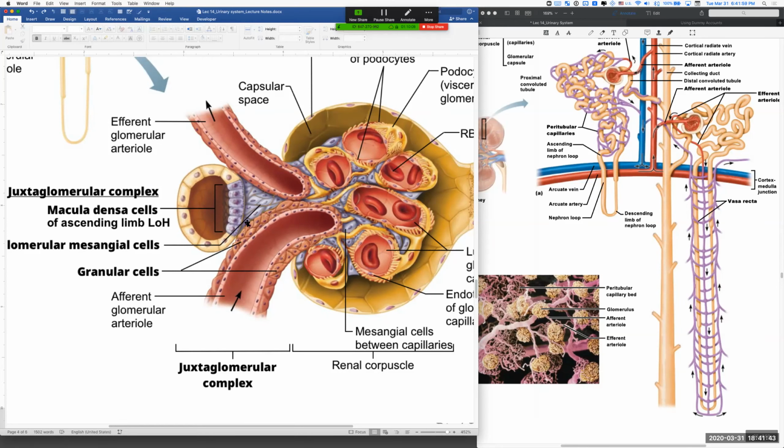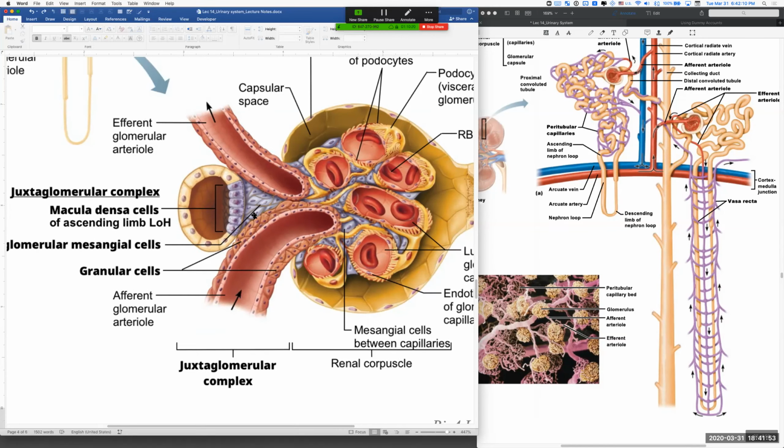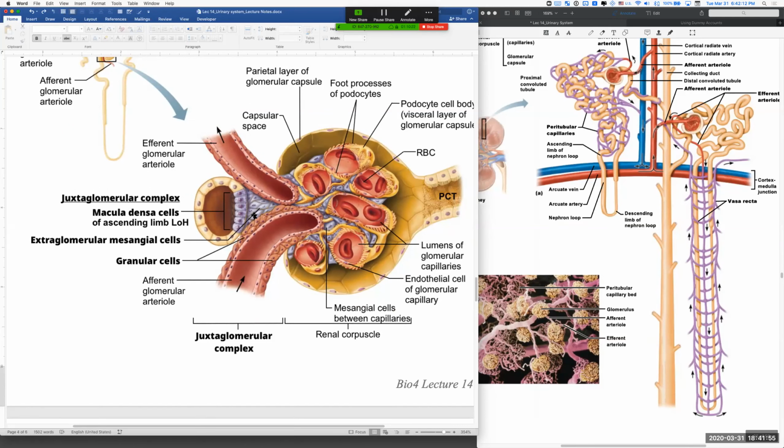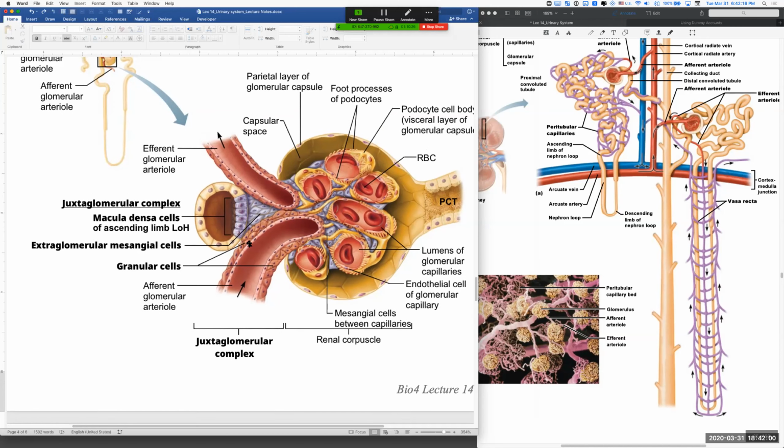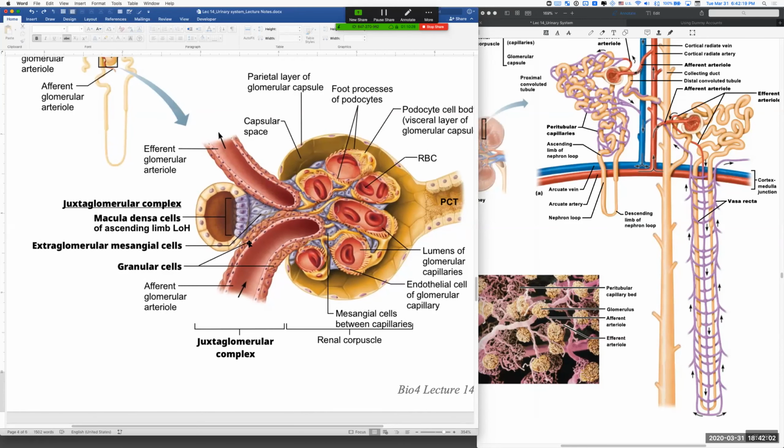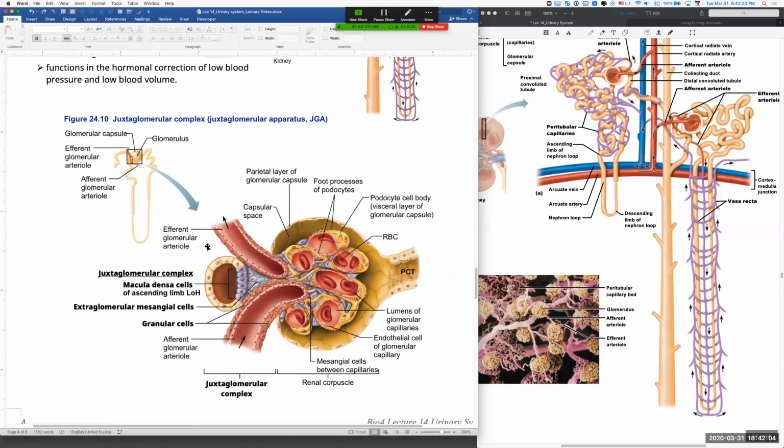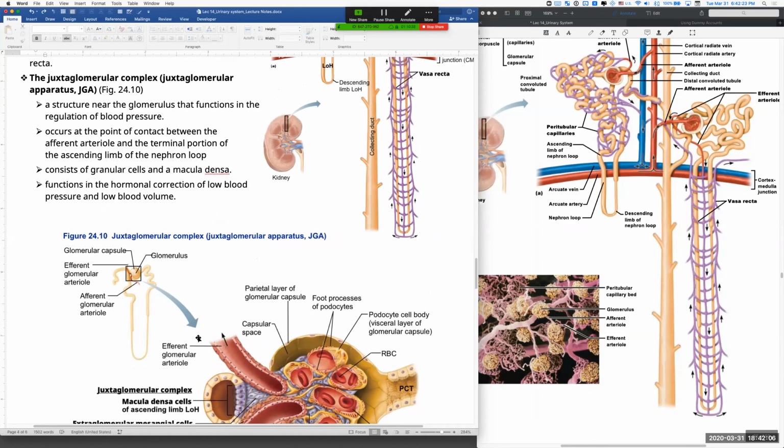So this part of the afferent arteriole has a modified type of smooth muscle cells, and those cells specifically are called granular cells. The granular cells have another term: they're also called the juxtaglomerular cells, or JG cells. I'll make sure to make a note of that in the notes.